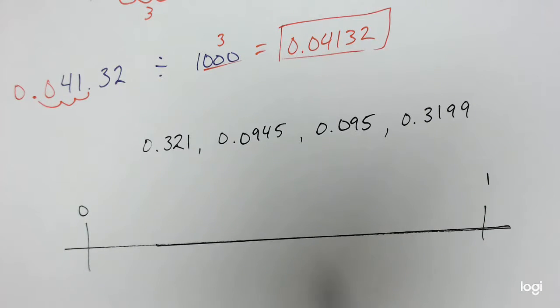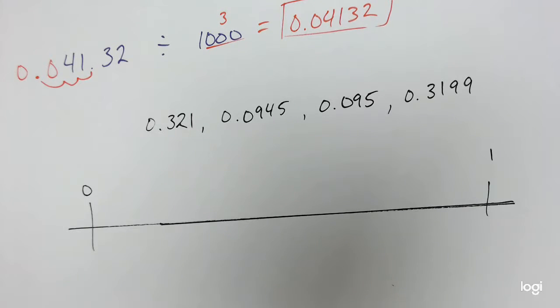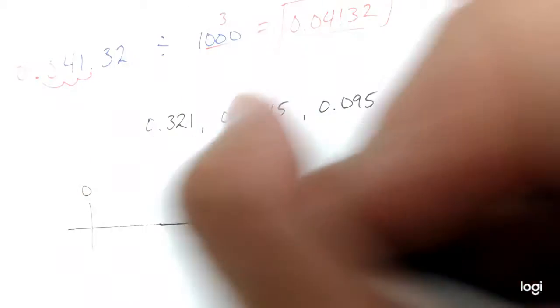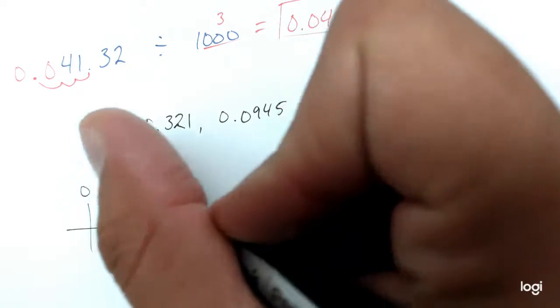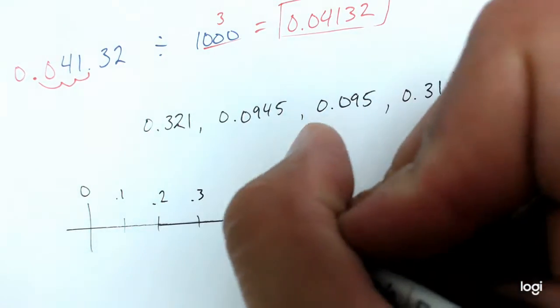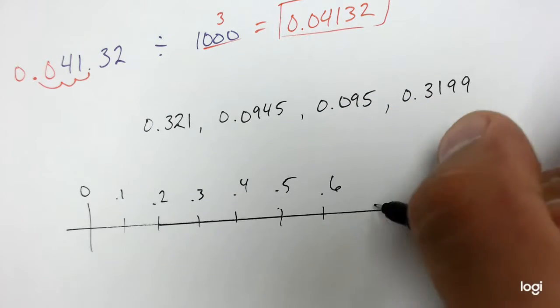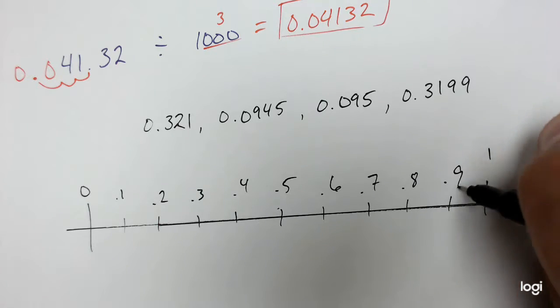Now, the way I can think about this is I can think about it as in tenths. So one thing that will help you out is if you mark things out in between on decimal numbers. So if I've got all these numbers going in between 0 and the number 1, and I mark out my tenths, I can have, let's see here, we'll make that 0.1, and then we've got 0.2, 0.3, 0.4, 0.5, 0.6, 0.7, 0.8, 0.9, and then 1.0.